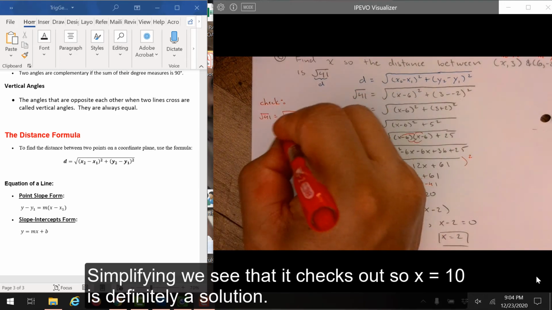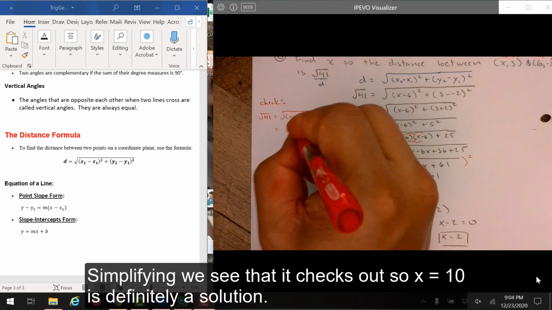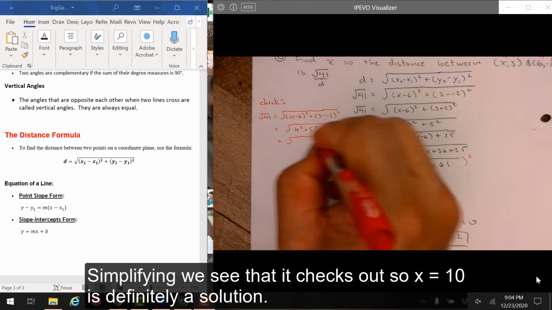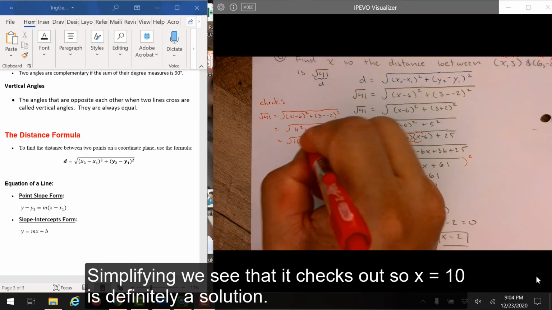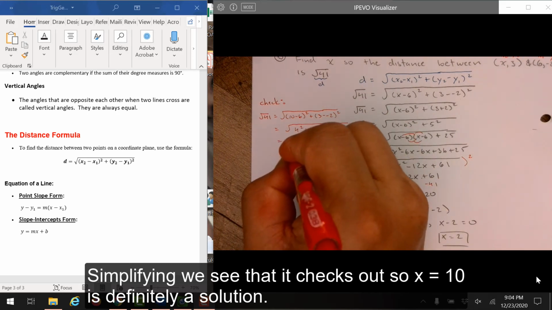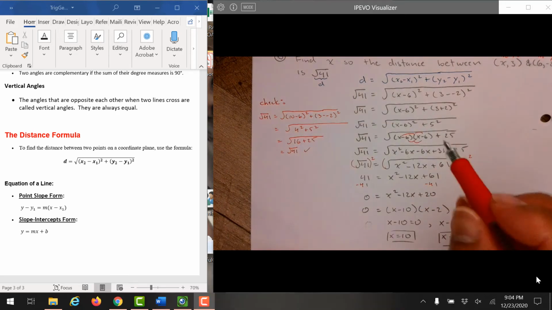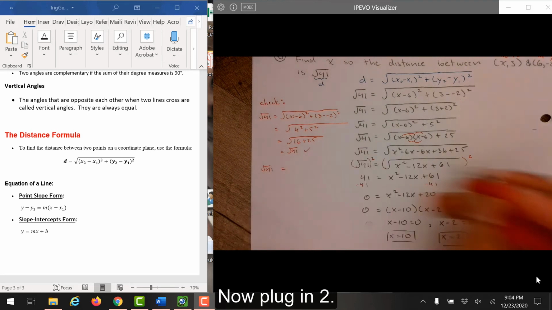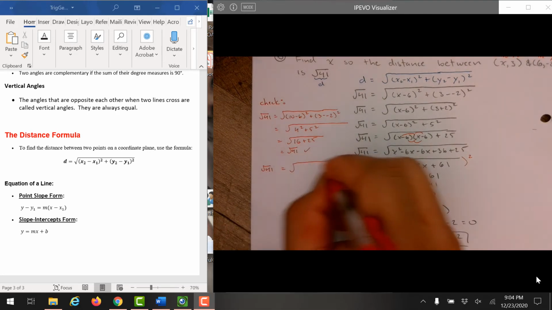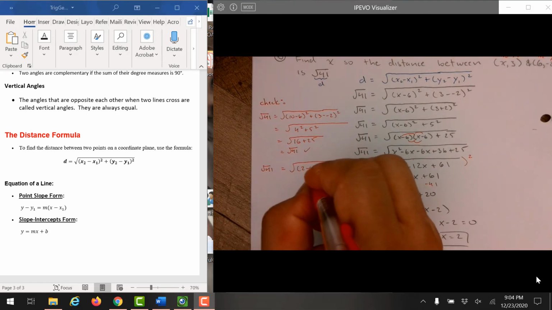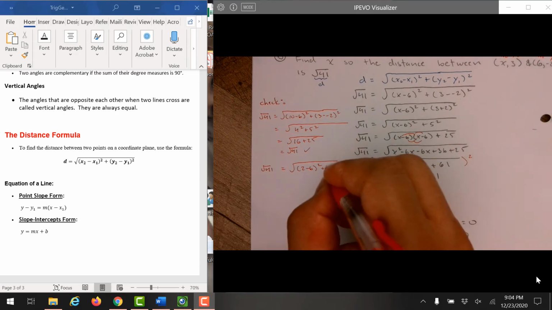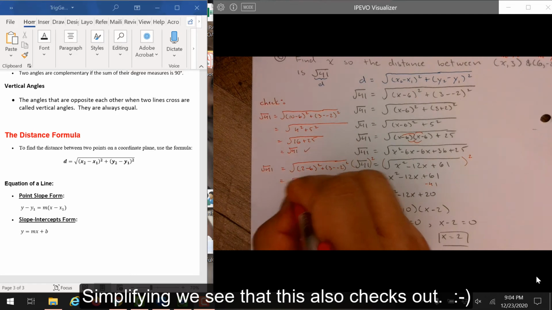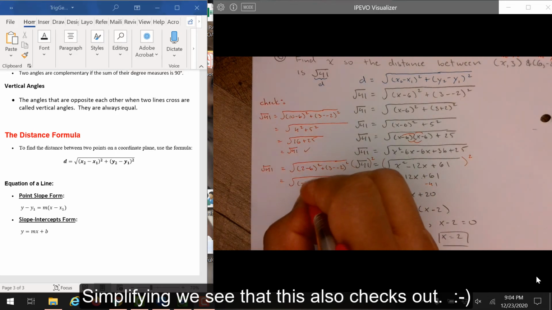Simplifying, we see that it checks out, so x equals 10 is definitely a solution. Now plug in 2. Simplifying, we see that this also checks out.